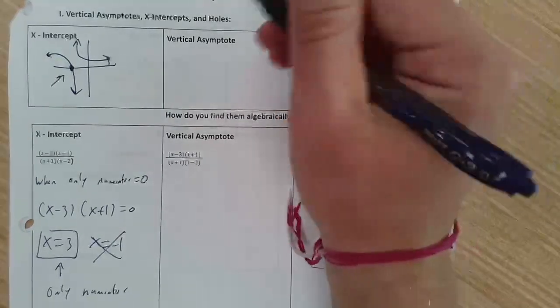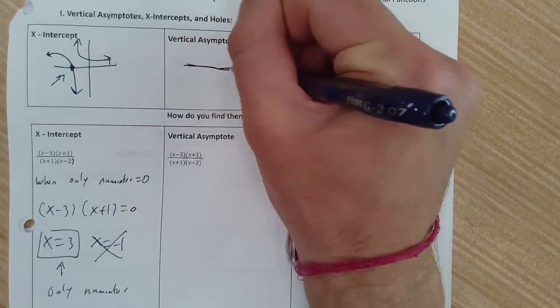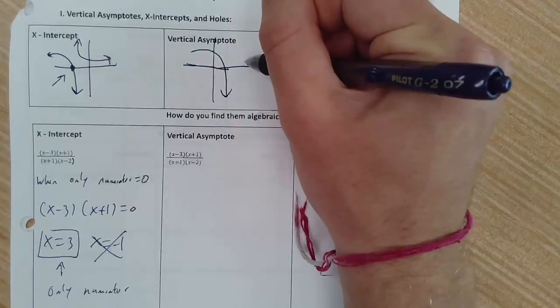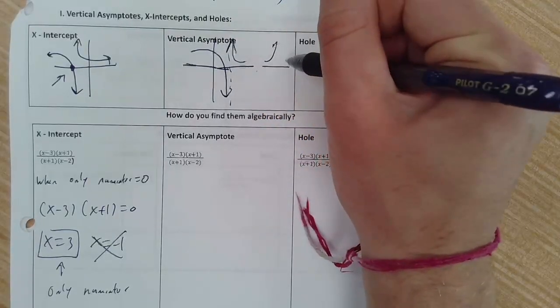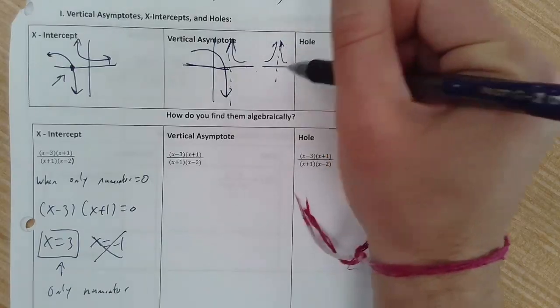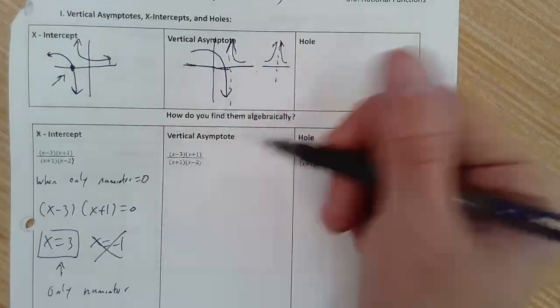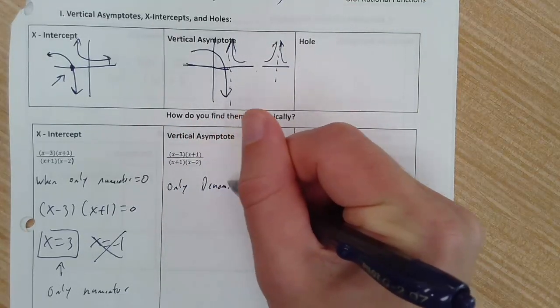Vertical asymptote. A vertical asymptote happens when we are dividing by 0. So, for example, it can look like this. It can also look like this, with both going the same direction, up or down. And this happens when only the denominator is 0.